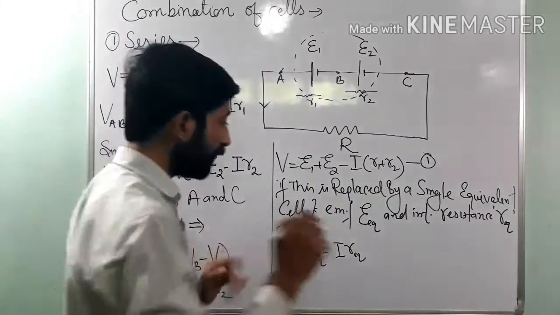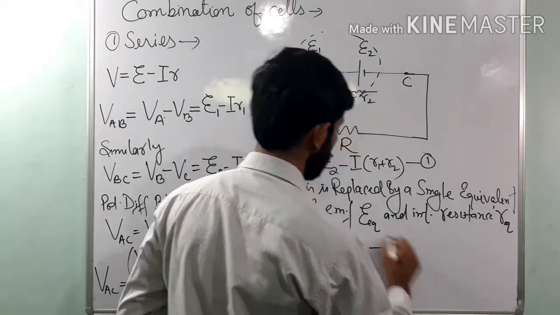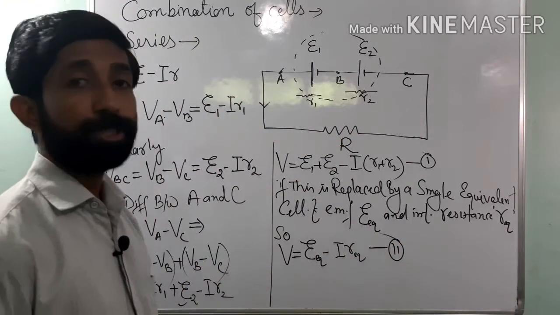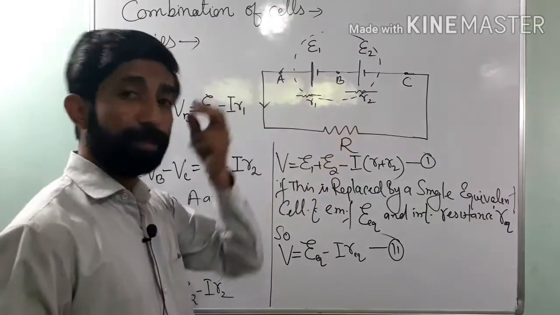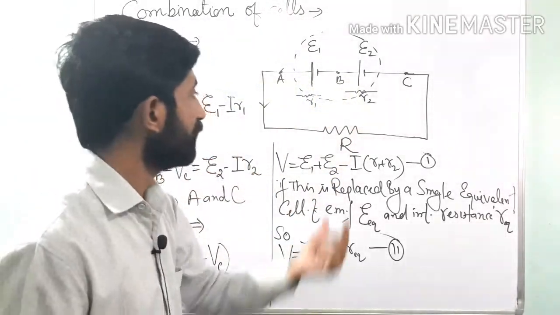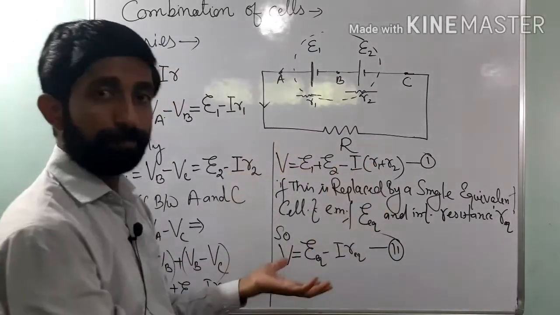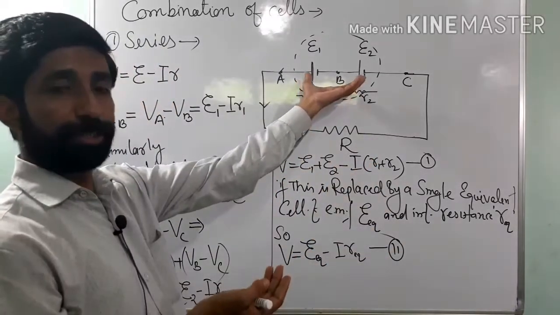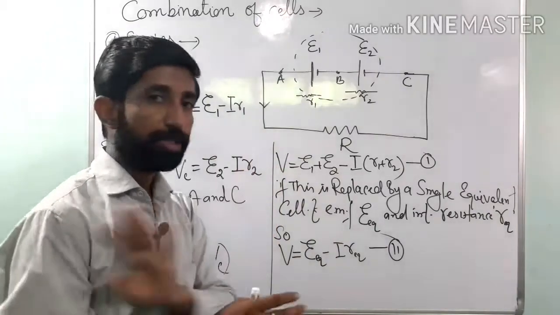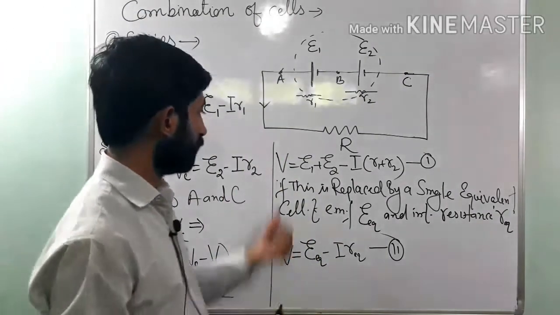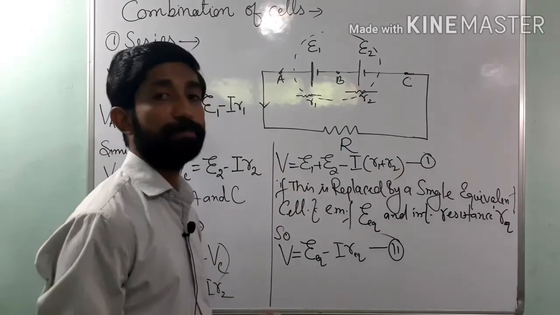That is equation number 2. Now the terminal potential of the cell combination, or the potential difference across R, is the same, because whether we use this combination or a single cell does not matter, the potential difference will be the same. So the left hand sides of these two equations must be the same.